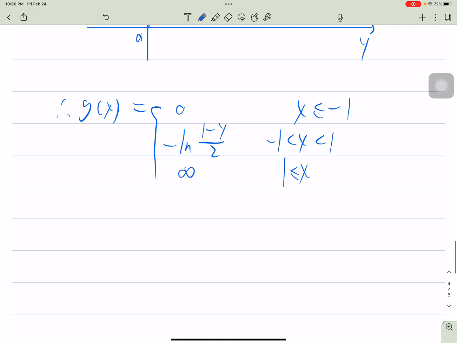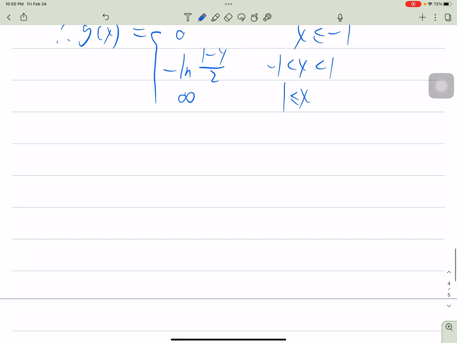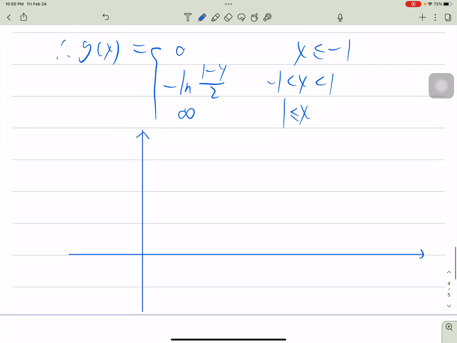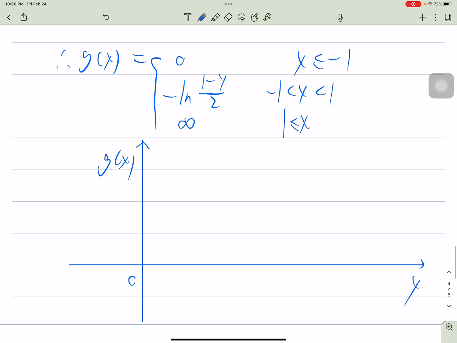We can also draw the figure of g(x). It should be like this. This is g(x), this is x, this is 0. It equals 0 when x is less than or equal to -1, so it should be like this.